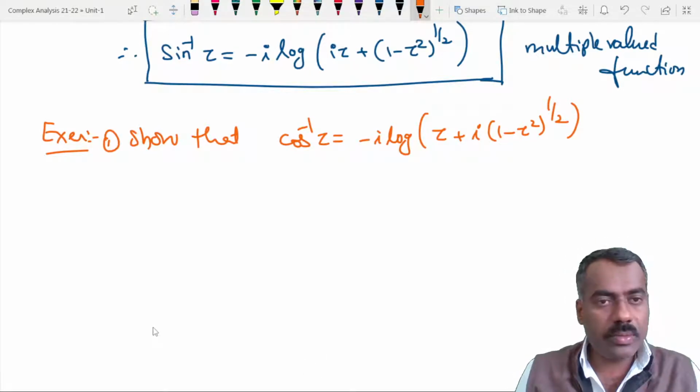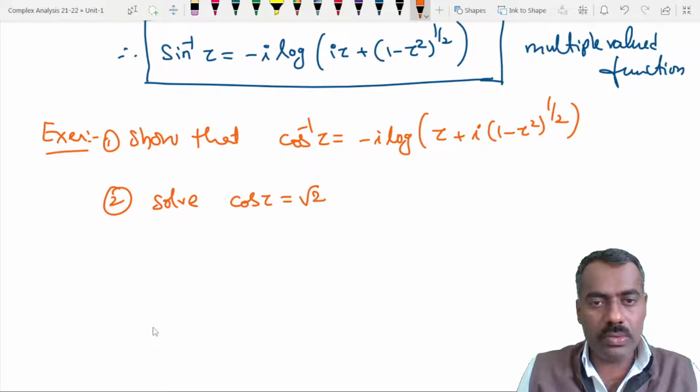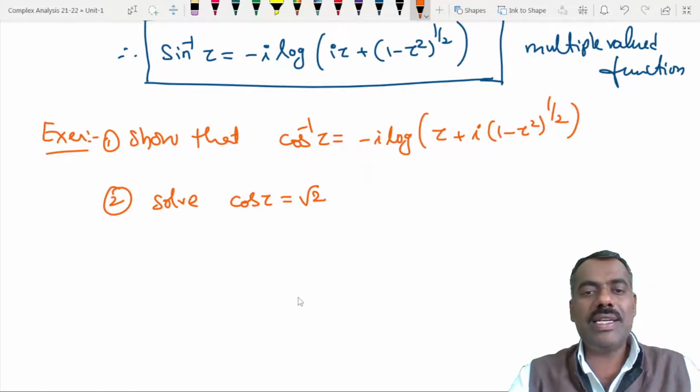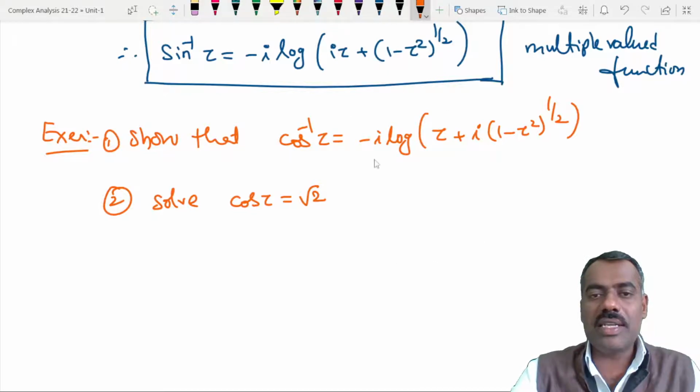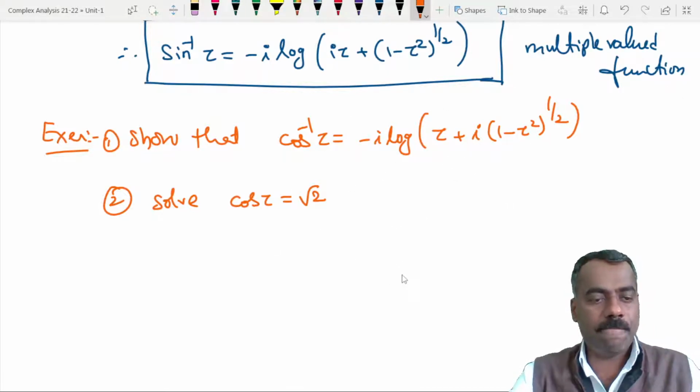And take one more: solve cos z equal to root 2. That means z is cos inverse of root 2. Is that clear? Fine. So these are all about elementary functions.